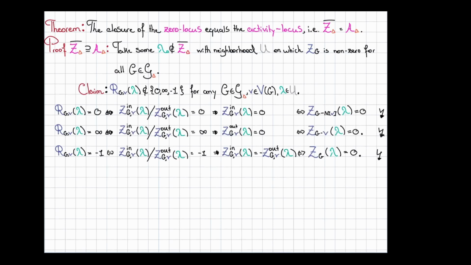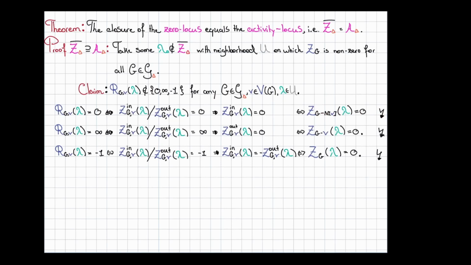Suppose it is zero, for example. Well, then Z in divided by Z out is zero, which definitely means that Z in is zero. And that means that Z of the graph where I've removed the neighborhood of V, evaluated at lambda, is zero. But this is also a bounded degree graph, so that's a contradiction.